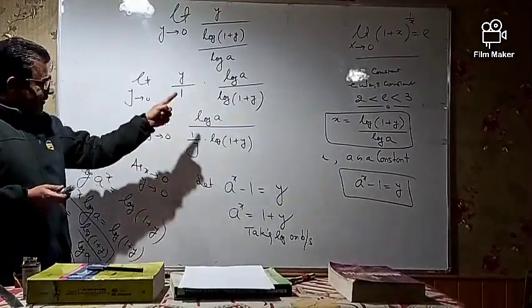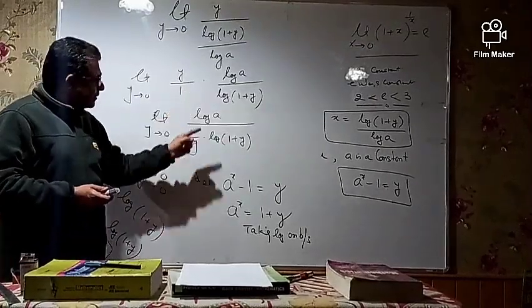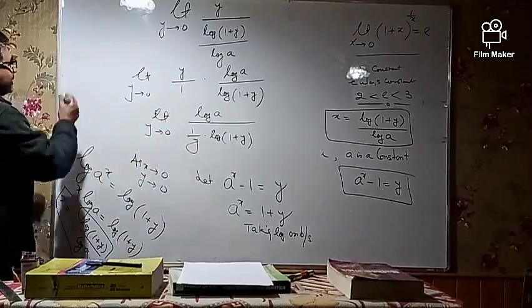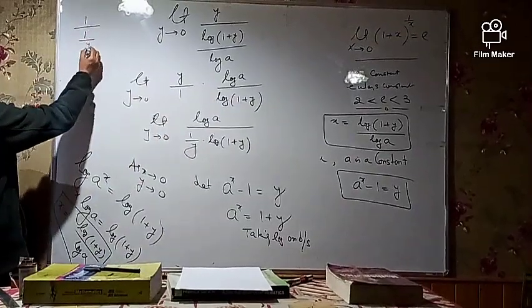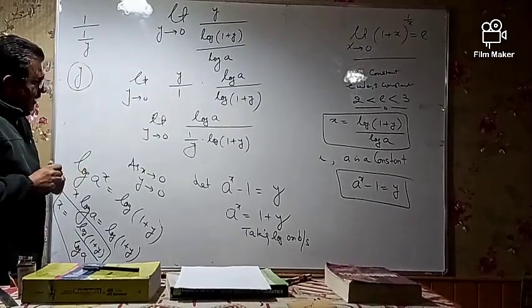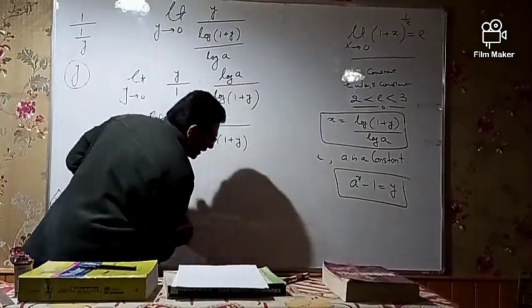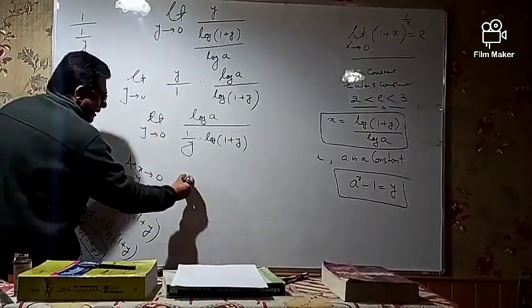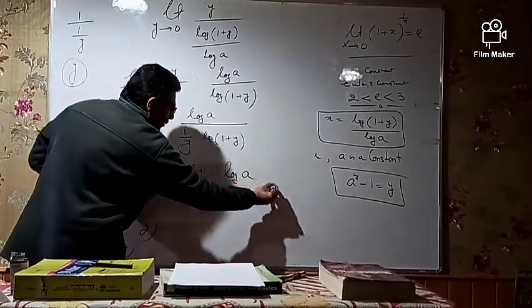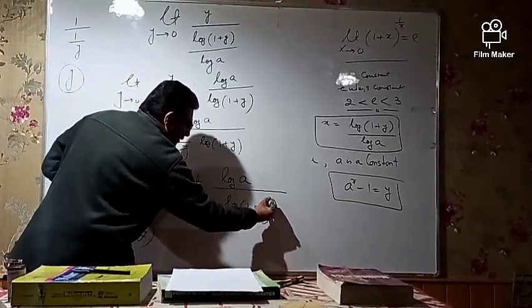Now remember this thing here, take it very seriously. This is log of a. This is log of 1 plus y. So instead of 1 upon 1 by y, this is y simply. So this will come here again. Now after this, I will write it like this: limit y tends to 0, log of a whole divided by log of 1 plus y power 1 by y.